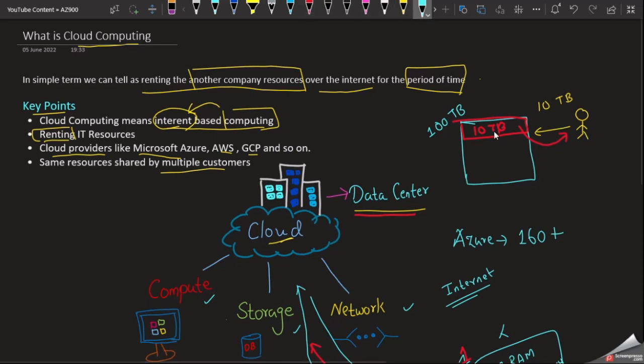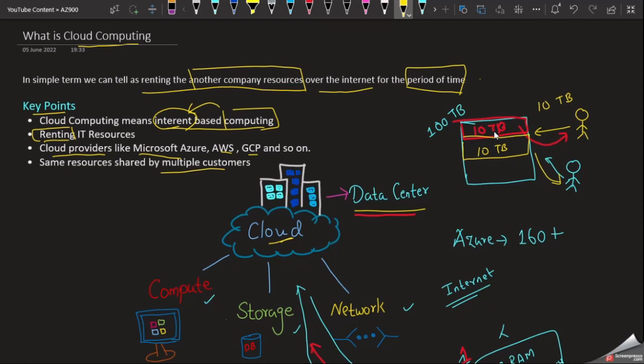Likewise, another customer comes to the cloud and asks for another 10 TB. Again the cloud splits the same hardware for 10 TB and gives it to this customer.